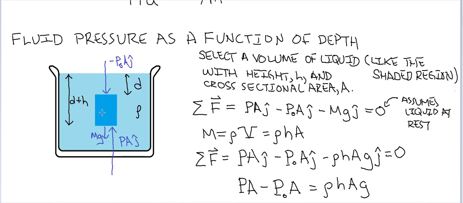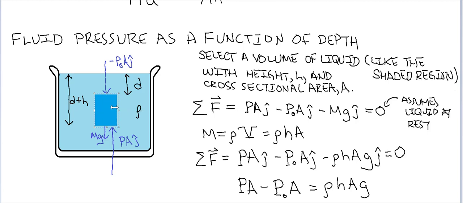So let's talk about fluid pressure as a function of depth. If we have some container of water, like a cup or a beaker, we could just pick some little volume of the fluid. Let's go with water, just because I think it's a familiar fluid to us, right?